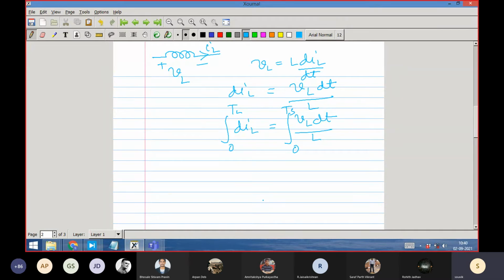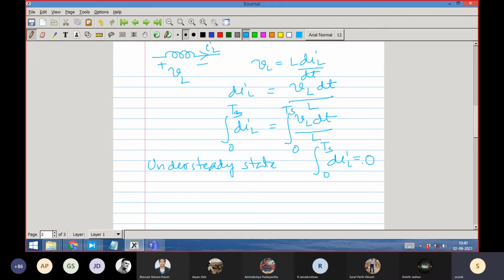Now, can you tell me, under steady state, what would be the integral of dIL from 0 to Ts? That means the change in the inductor current. What will it be? 0. Good.